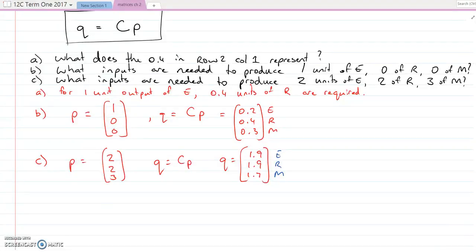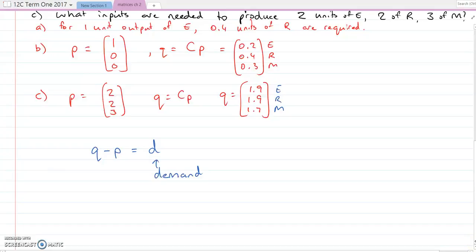All right, so we could look at this Q minus P basically is a surplus. That's what we've gained, and we're going to call that our demand. If the economy needs to have a net gain of this demand, that means that our output has to be bigger than our input by that amount in order to have that usable by the economy.